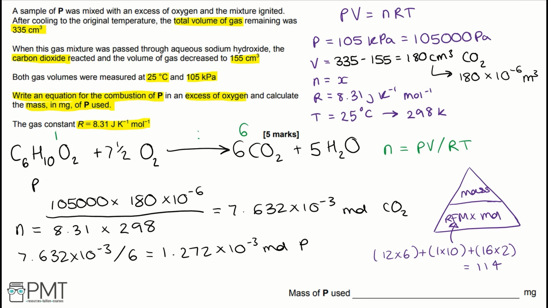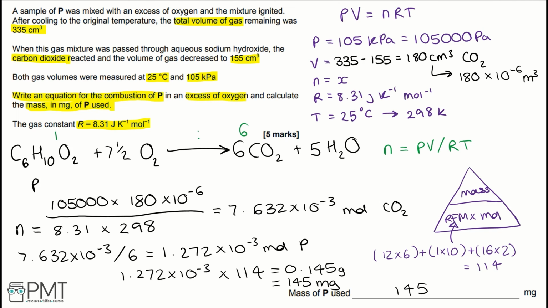So then working out mass, we can just do 114 multiplied by the moles of P. That's 1.272 multiplied by 10 to the negative 3 multiplied by 114, which equals 0.145 grams. But then we want our answer in milligrams, so we need to multiply by 1,000, and that equals 145 milligrams, which we can then write on the answer line, so 145.